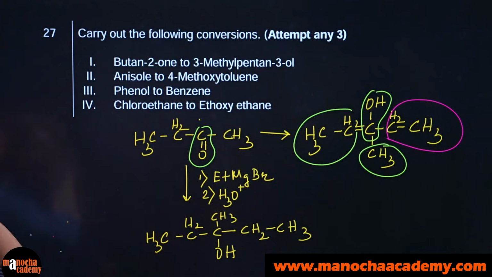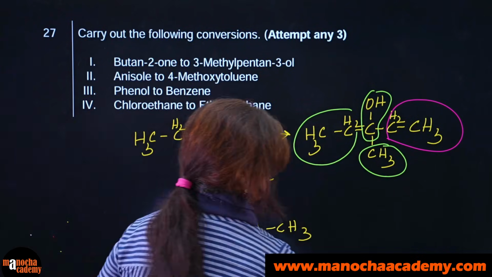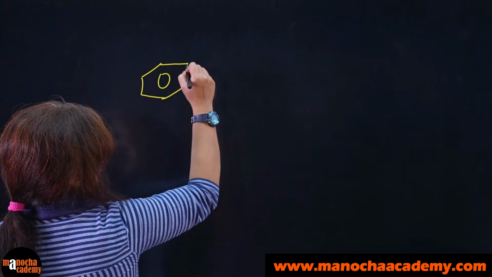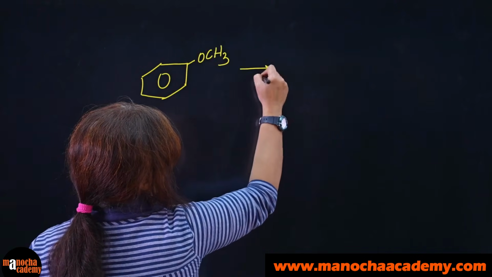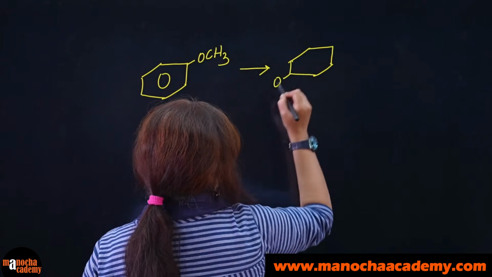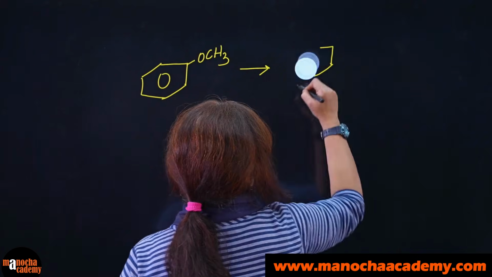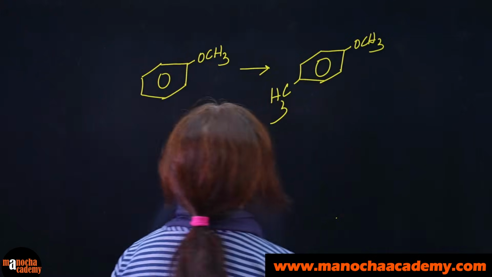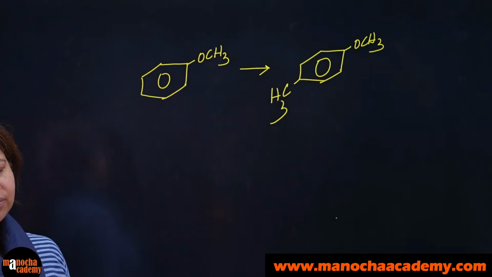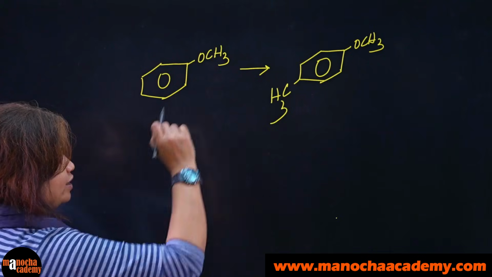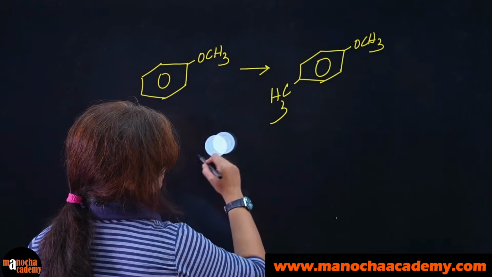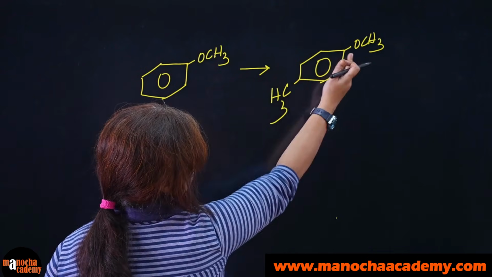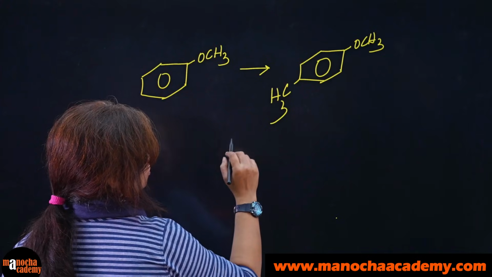First part done. Next is anisole to 4-methoxytoluene. So I am writing anisole is this, and 4-methoxytoluene. This only they gave, no? So it's very simple. You can simply do Friedel-Crafts reaction with methyl chloride.